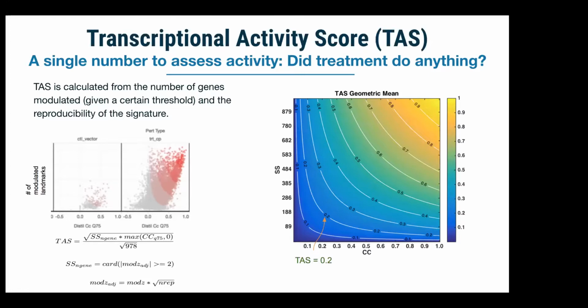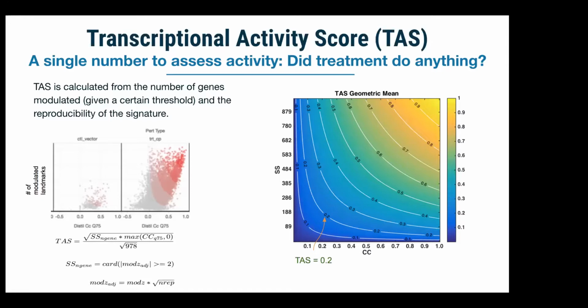and 1. And this plot on the left shows those strength versus correlation metrics plotted for a large chunk of the compounds in our data set, and then the DMSO vehicle controls. And we see that the compounds, of course, are much stronger, and that's as we would expect. So we can calibrate a TAS threshold based on the negative controls. And we find that rarely, about 5% of the time, do negative controls exceed a TAS value of 0.2.